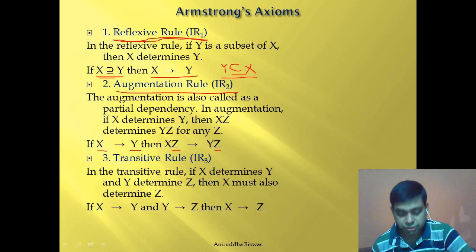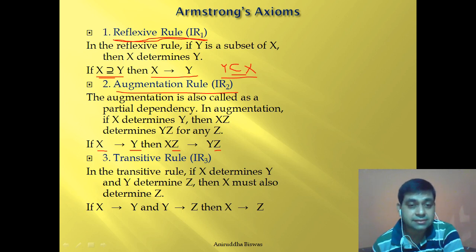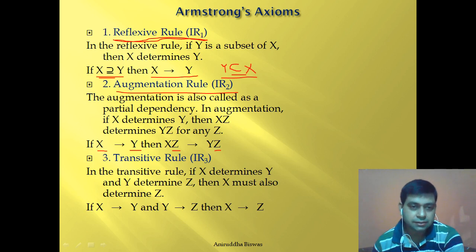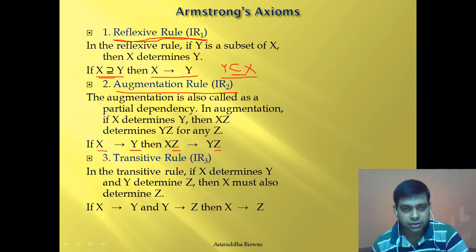In this relationship, we simply add z, right? So after adding z, the functional dependency still holds.